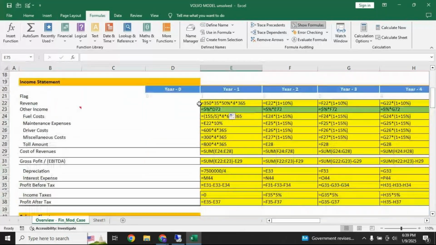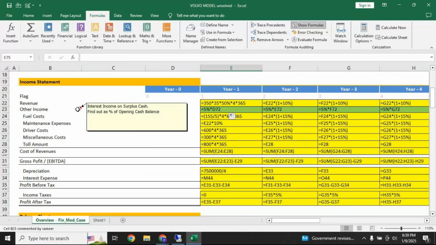So other income here, they are telling interest on the income of surplus cash. Surplus cash, whatever we are getting, we are going to reinvest it, and on that investment we are going to gain some interest rate. So find out the percentage of opening cash balance.